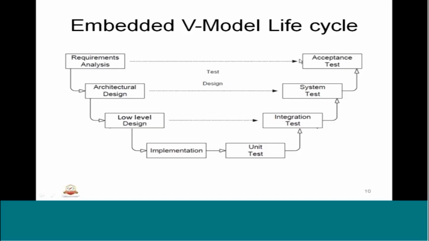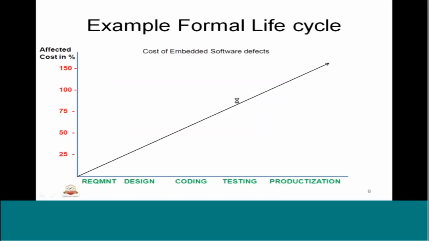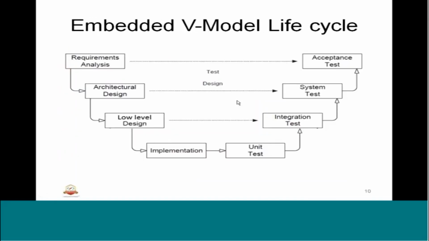And for requirements, I have used the acceptance, because an acceptance report is required for the user or the customer. Here requirements is used for high level testing. So similar, but basically this is a model they use. This is from an example of how it is depicted in a book called Introduction to Software Testing by Ammann and Offutt.